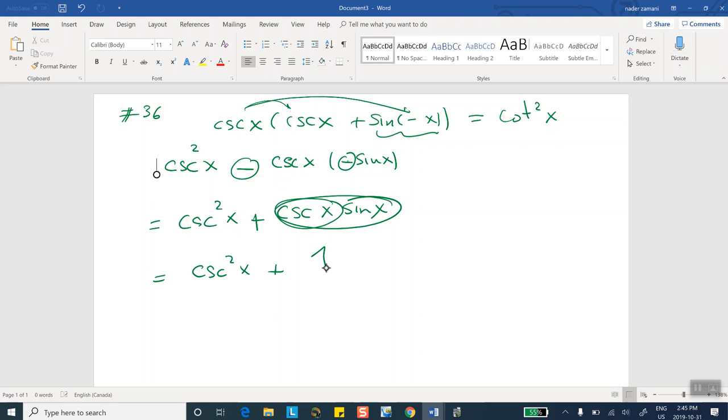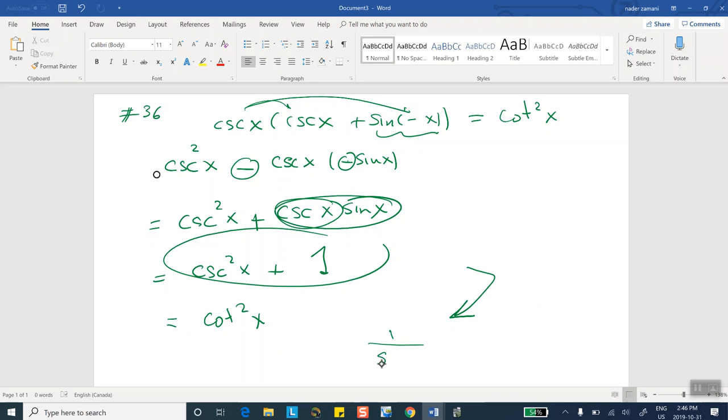This whole thing is 1. Cosecant of x is 1 over sine of x times sine of x is 1. And let me remind you, one of our fundamental identities was that this is cotangent squared of x. Now, if you did not remember that, you can do it by brute force, because cosecant squared of x is 1 over sine squared x, right?